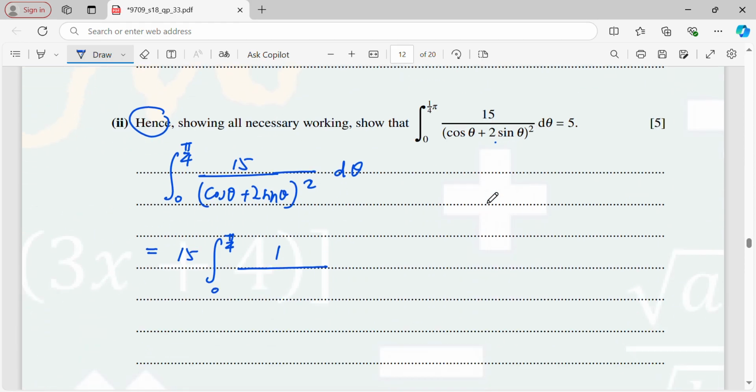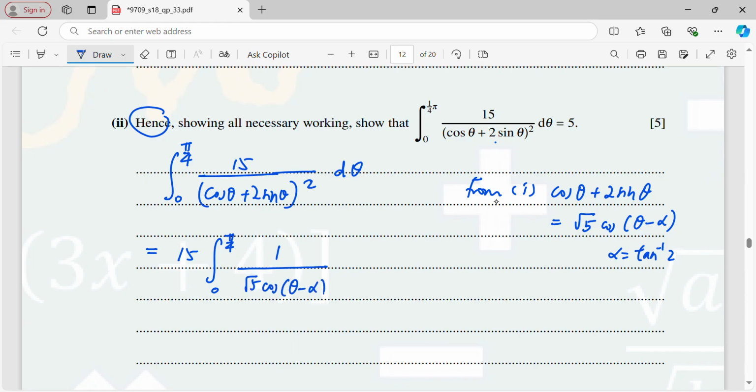So here I will just write, okay, from the first part, cos theta plus 2 sin theta, that is square root 5 cos(theta minus alpha), where alpha is arctangent 2. So here I will write (square root 5 cos(theta minus alpha)), then squared.